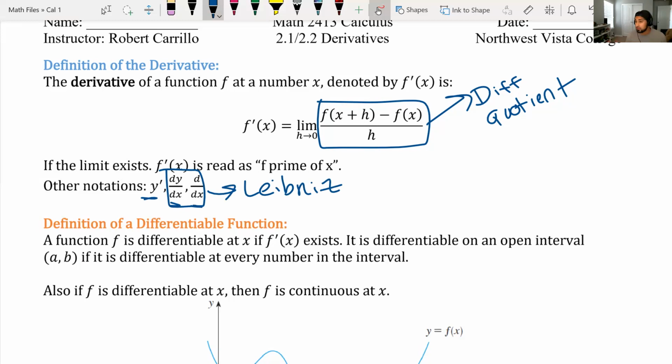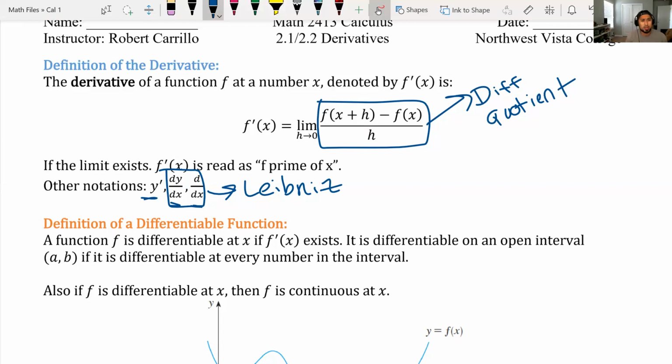They mean the same thing, take the derivative. So the first one, dy over dx, says take the derivative of y with respect to x. The second one, d over dx, this one just says take the derivative with respect to x. That's it. So if you see those notations, y prime, dy over dx, d over dx, f prime of x, they all mean one thing, take the derivative, okay?